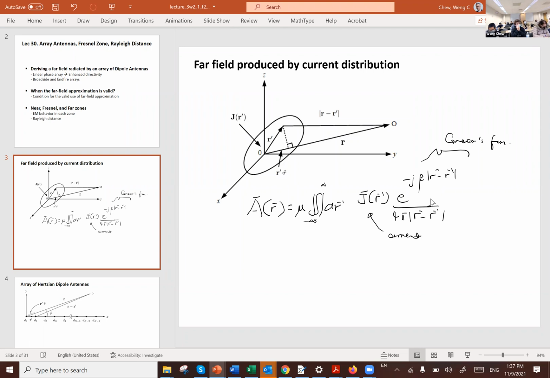When I ask you to do the convolution, you probably will have to pull your hair out, because these integrals are not easy to perform, except for a very simple case. When we have the current to be a Hertzian dipole, then we say that the current can be written as the current moment times a delta function, where this is the shorthand notation for delta x, delta y, delta z.